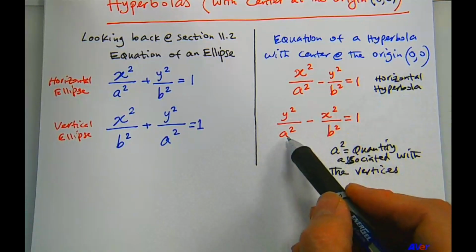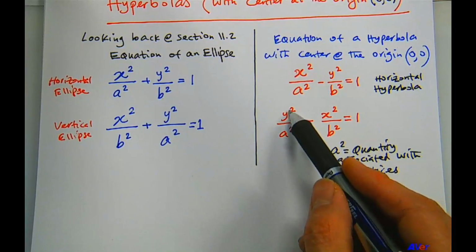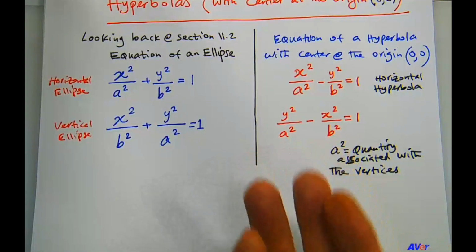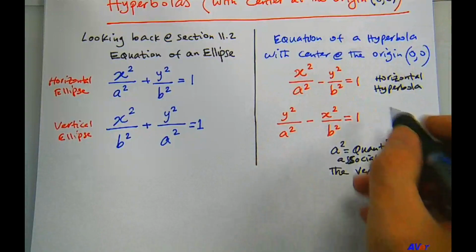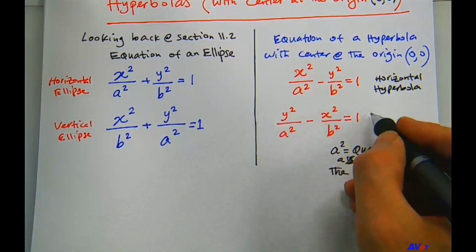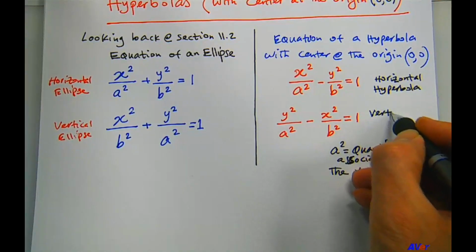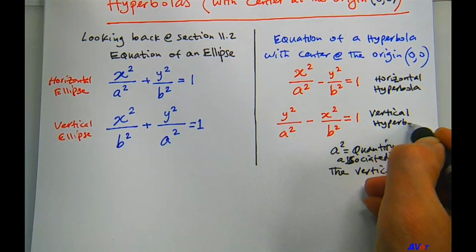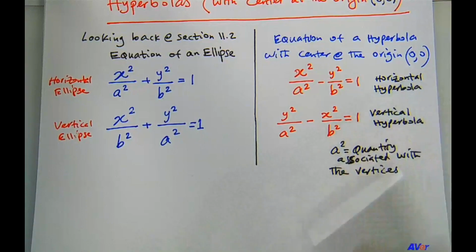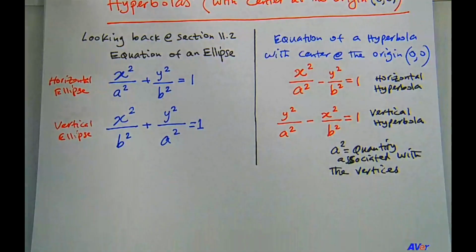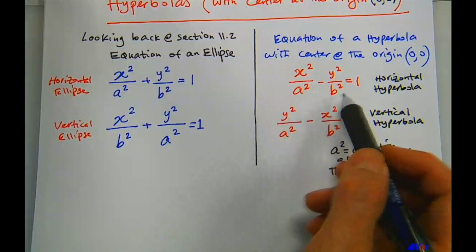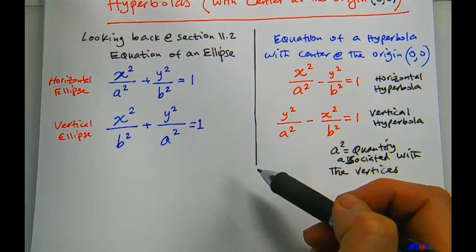And if the quantity associated with the vertices of the hyperbola forms the denominator of the y squared term, then this hyperbola opens upward and downward, and we have a vertical hyperbola. The horizontal hyperbola means that the two pieces of the hyperbola open left and right, in the horizontal direction.